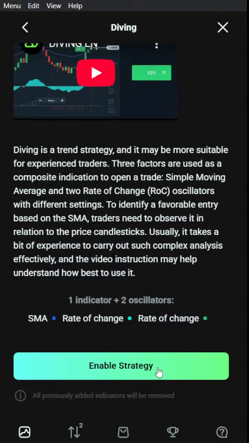One is SMA, and the other two are ROC oscillators. Whenever there is a proper trend and whenever you see a change of trend, you're going to make a trade. And for the favorable entry, in the price candlestick, if the color of the candle is changing from red to green, you're going to look at the SMA and the ROCs and make a trade.